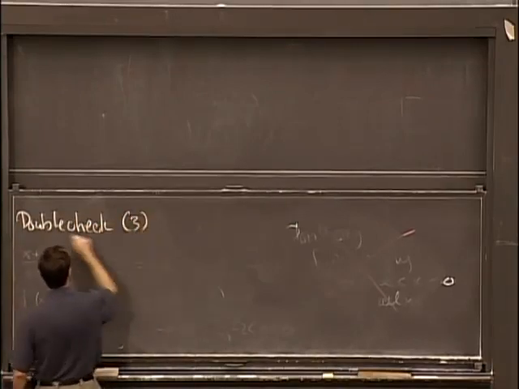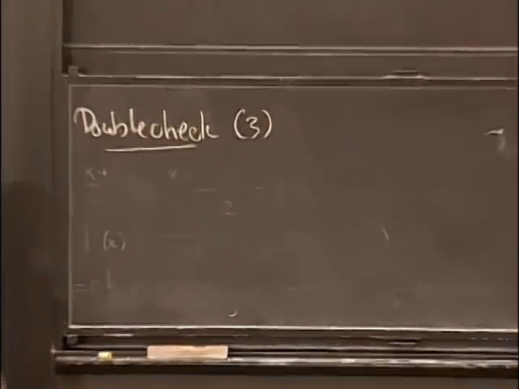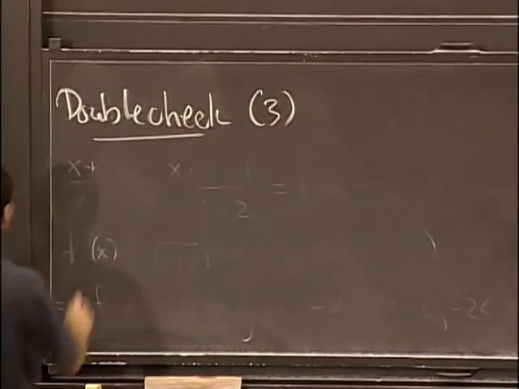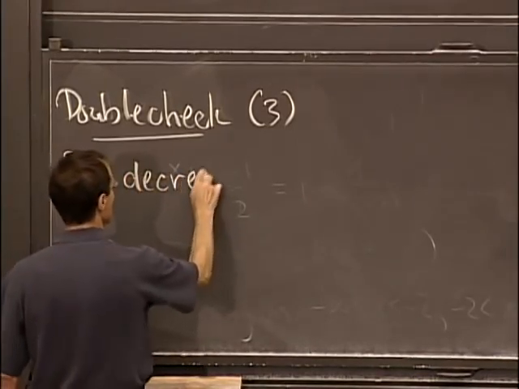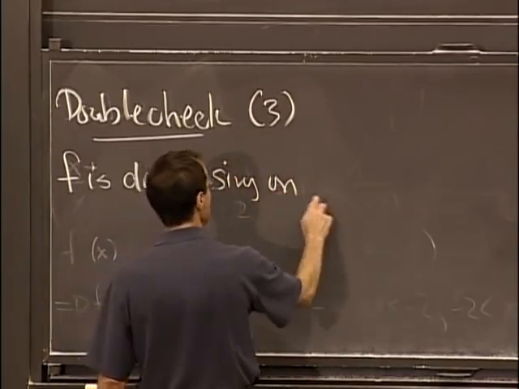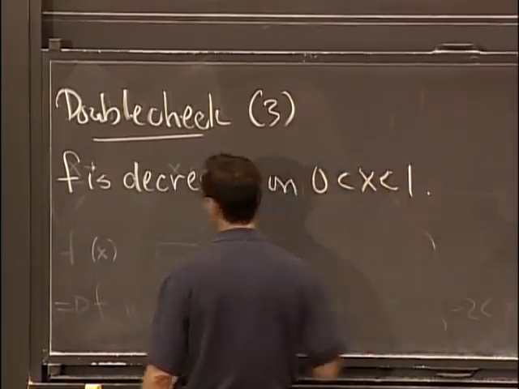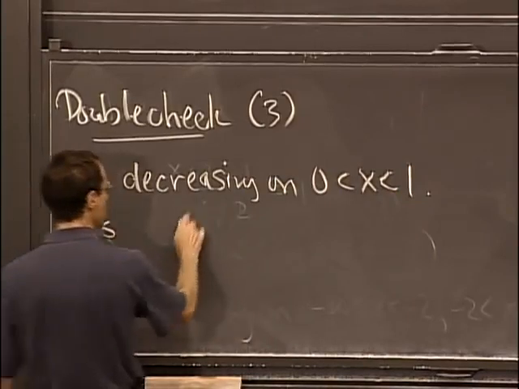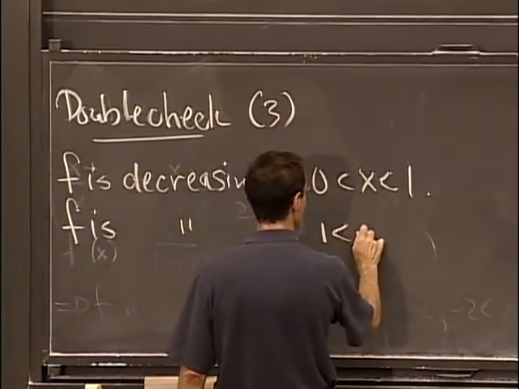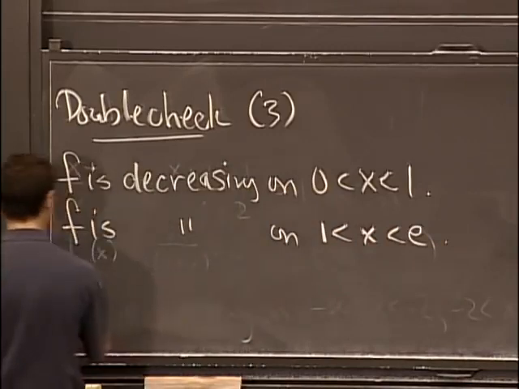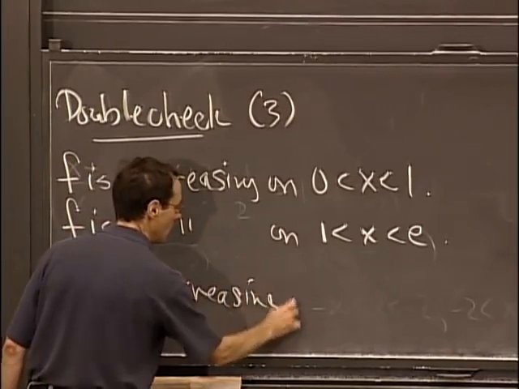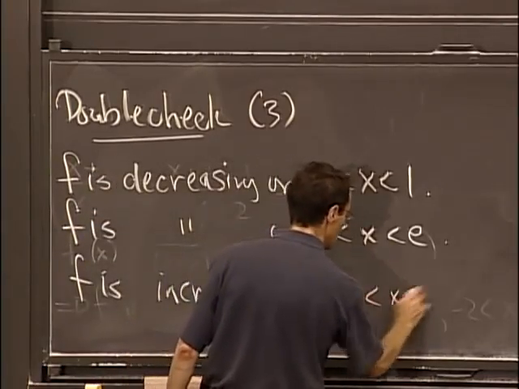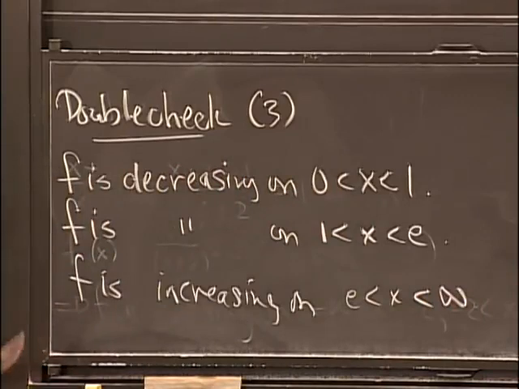This is part 3, but in advance, based on this picture, I already know what has to be true: that f is decreasing on 0 to 1. f is also decreasing on 1 to e, and f is increasing on e to infinity.